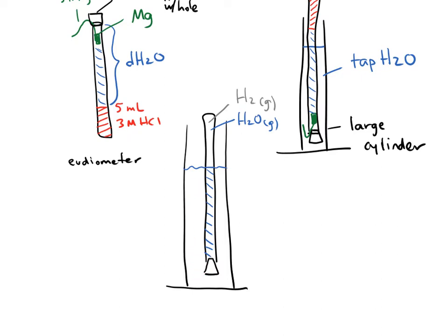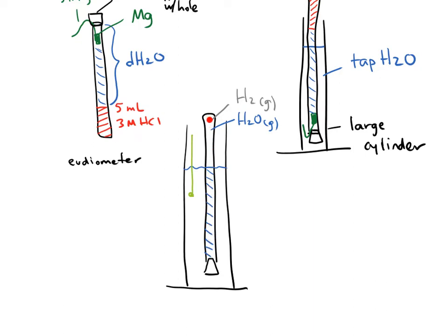Okay, so now the question is, how do we record all the different variables for this lab? We could start with the temperature. It'd be easy. You're not going to be able to get the temperature of the hydrogen by sticking a thermometer in here, but you could get the temperature by measuring the temperature right here of the water in the cylinder, because remember, all of the hydrogen bubbled through this, and so the hydrogen is at the room temperature.